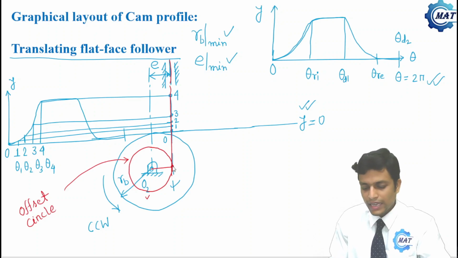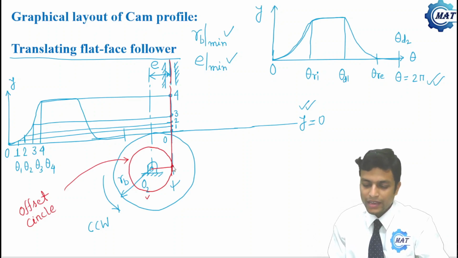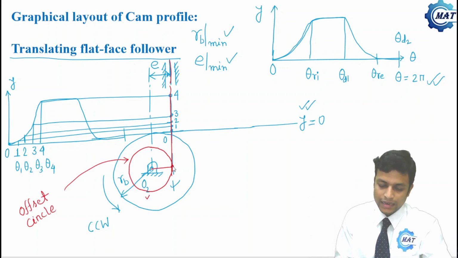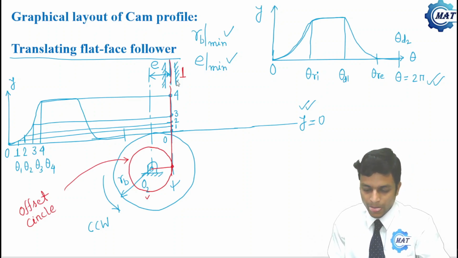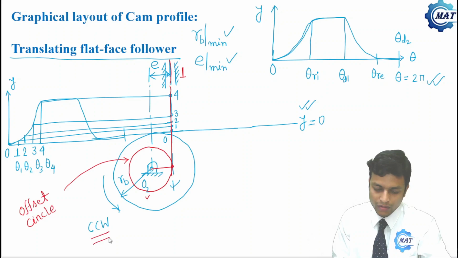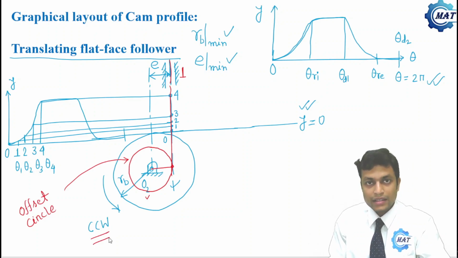Now to draw the cam profile, we have to make a kinematic inversion. What is kinematic inversion? In the cam follower mechanism, this is the fixed link on which the follower translates, and the cam rotates in counterclockwise direction. To get the same kinematics, what we will do?